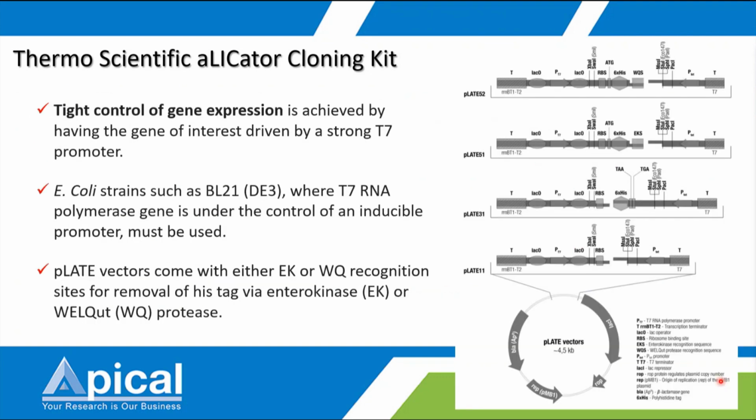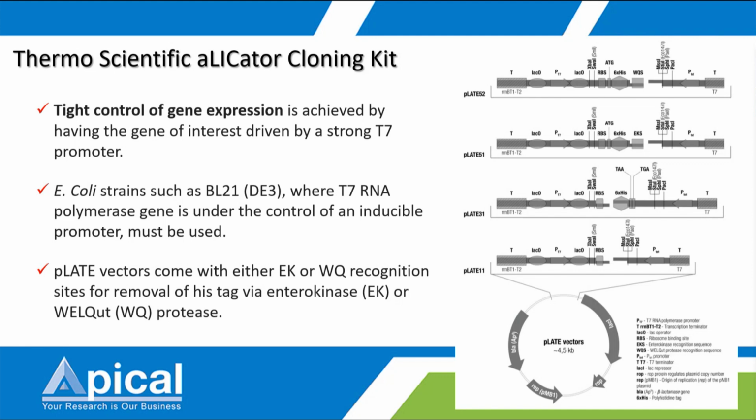Coming together in this kit is the pLATE vector. This vector has the T7 promoter, which controls the level of gene expression. The vector also carries the enterokinase protease recognition site to remove the His tag after the expression of the protein.